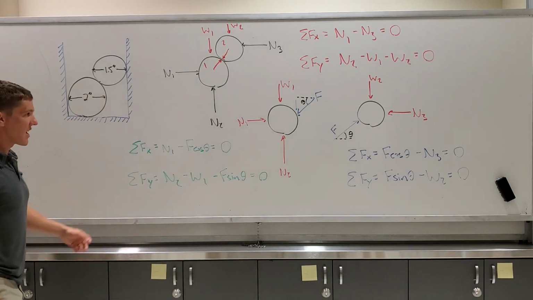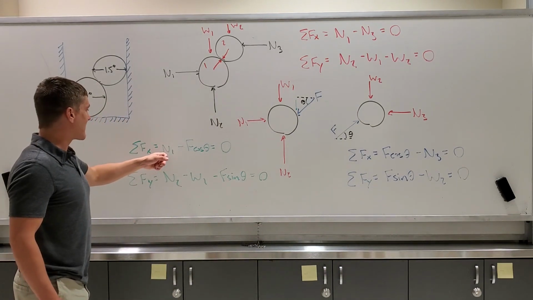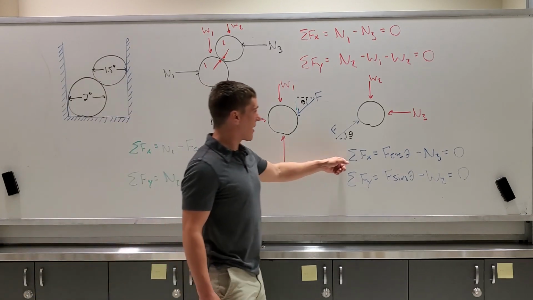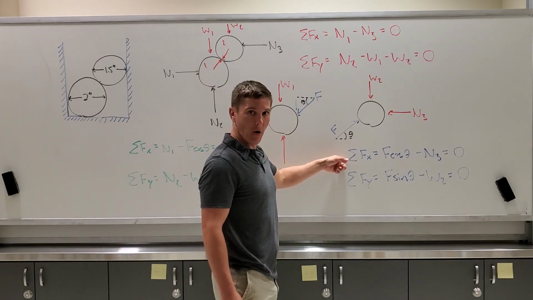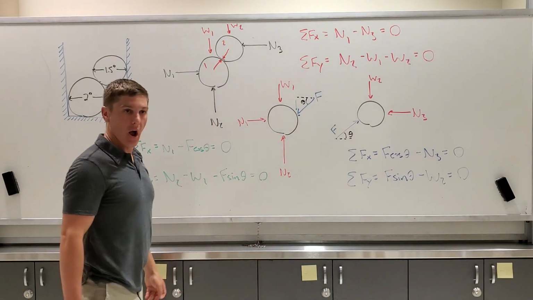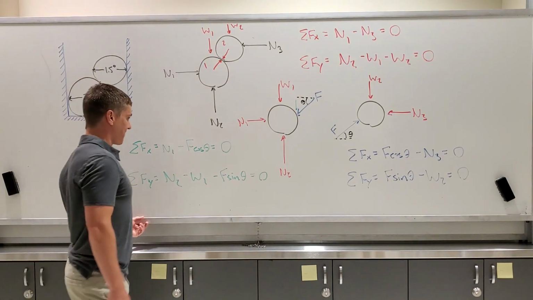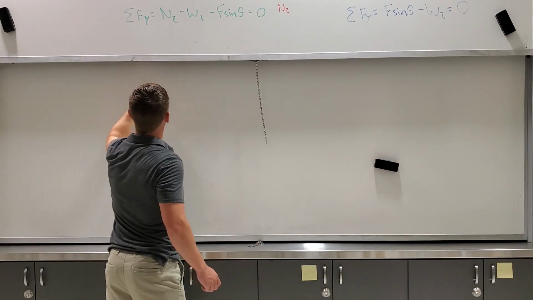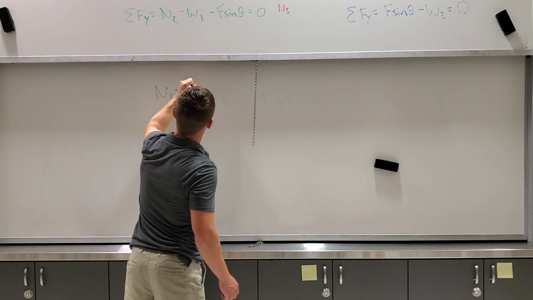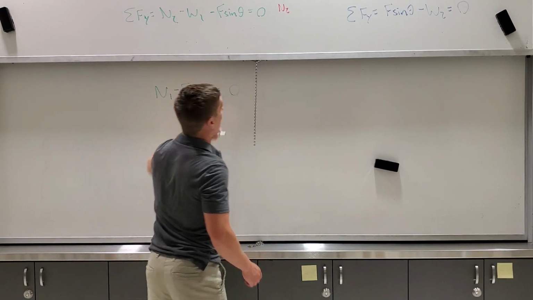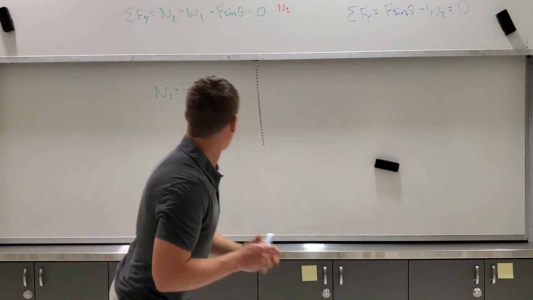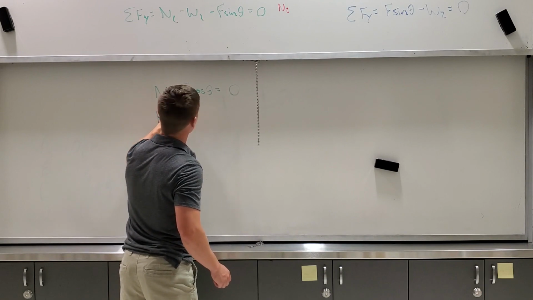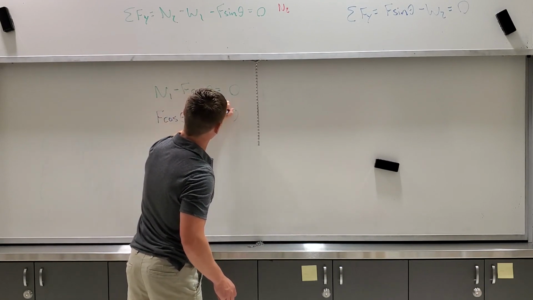What I want you to notice is what happens if I take the sum of my forces in the x direction equation from particle 1 and the sum of my forces in the x direction equation for particle 2 and I add them together. I get N1 minus F cosine theta equal to 0, and F cosine theta minus N3 equal to 0.